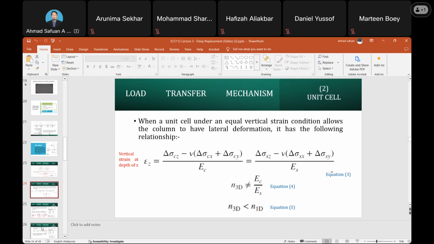So in three dimensions, equation 4 shows that EC over Es is not similar.